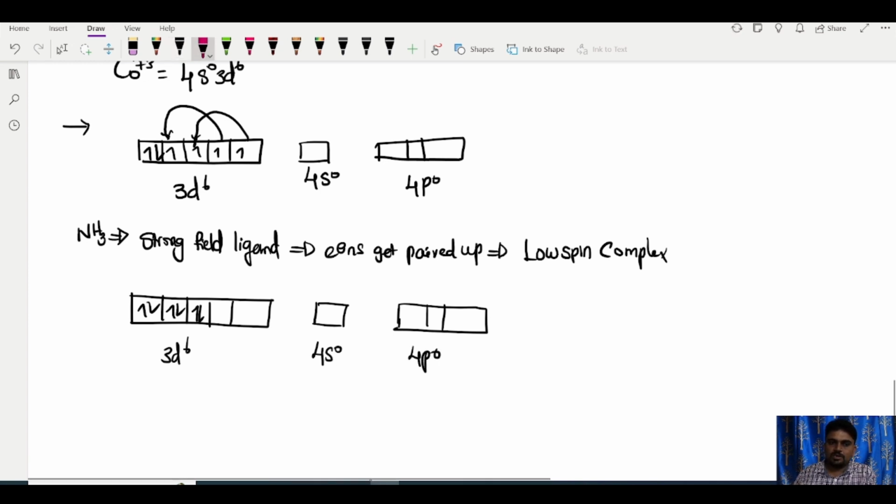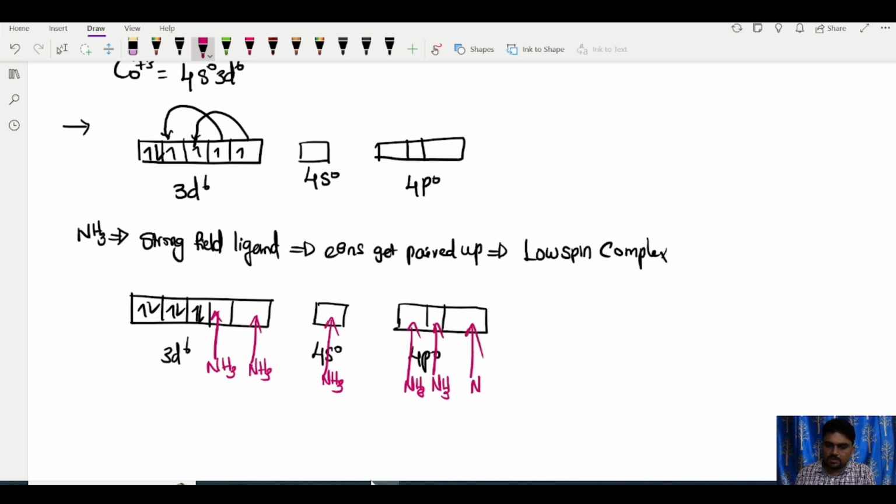So ammonia is a ligand here. In coordination complexes, ligands act as Lewis bases, and central metal atoms act as Lewis acids. So here ammonia will donate a lone pair into an empty orbital, here also into an empty orbital, and the third ammonia, the fourth one, the fifth one, and the sixth one.